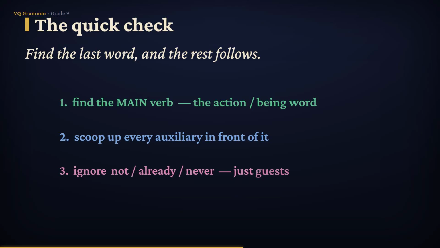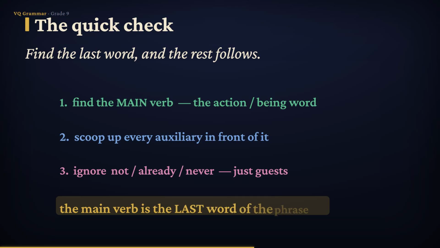Ignore the interrupters. Words like not, already, and never are just guests, never part of the phrase. And keep this anchor in mind through all three steps. The main verb is always the last word of the verb phrase. Find that last word, and the rest of the phrase falls into place.